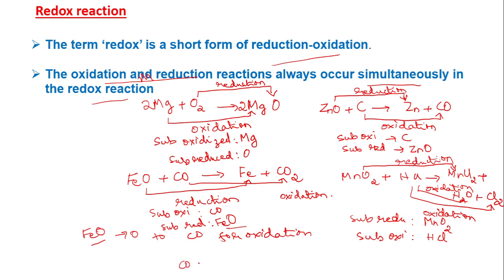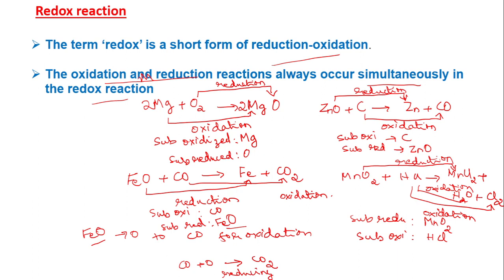So carbon monoxide will take oxygen to form carbon dioxide. Whatever substance is gaining oxygen, that will be the reducing agent. It helps in a reduction. So substance undergoing oxidation is reducing agent. Substance undergoing reduction is an oxidizing agent.